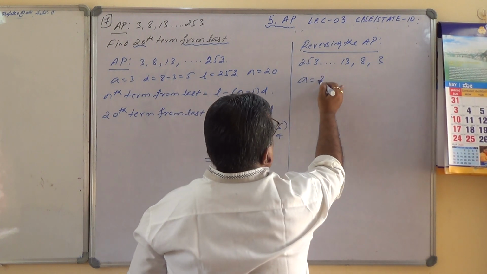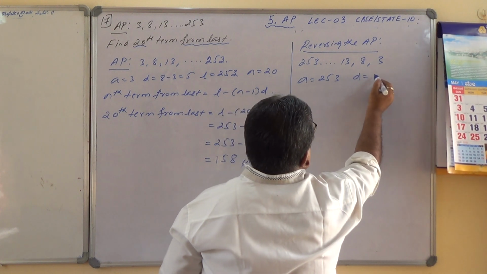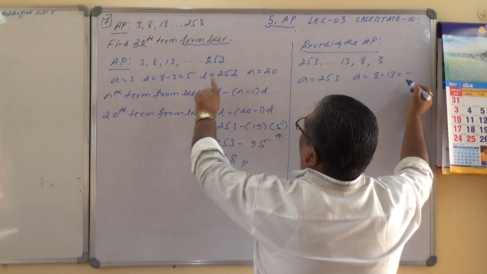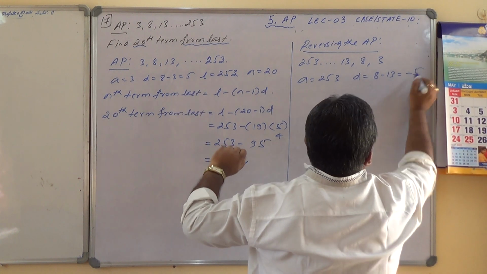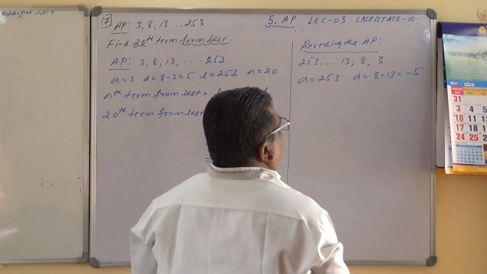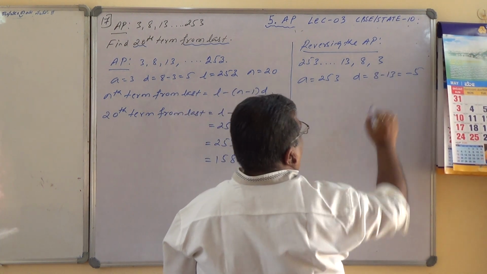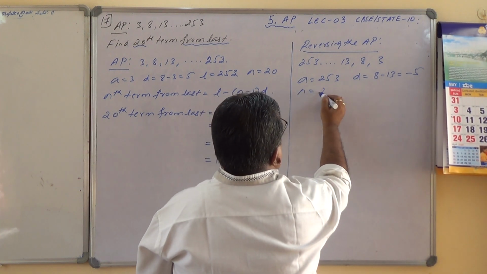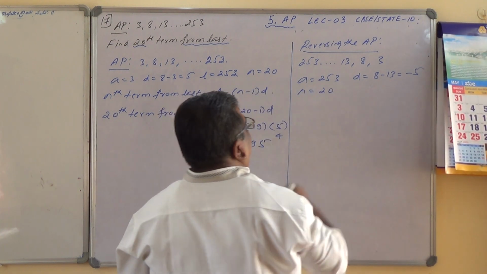Here A equals 253 and D equals 8 minus 13, which is minus 5. Or 3 minus 8, which is also minus 5. So n here is 20, because it is the 20th term from the end.